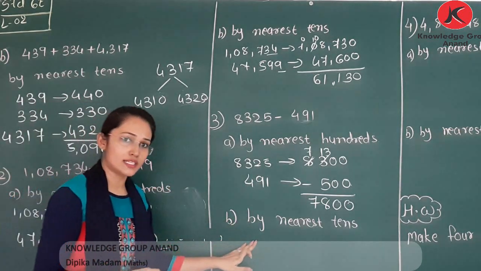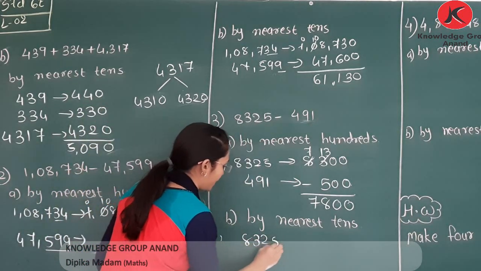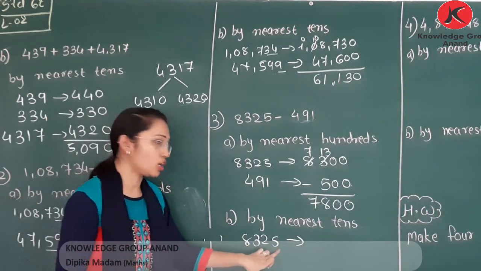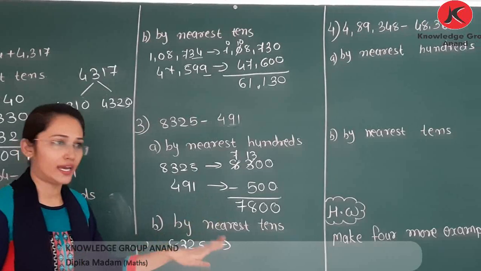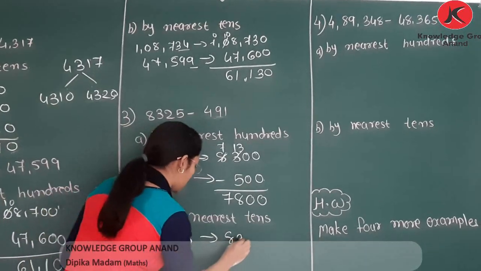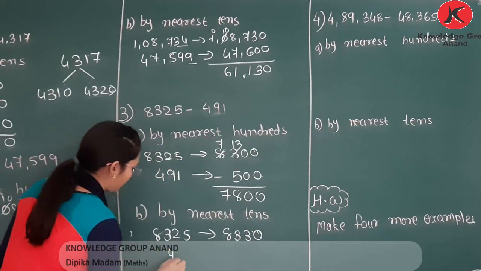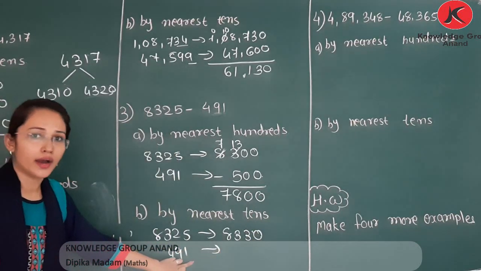Now tens estimation. So 8,325. Between which two tens values? 20 or 30? 30, because 5 is estimated to 10. So 8,330. Then 491. It is between 90 and 100.